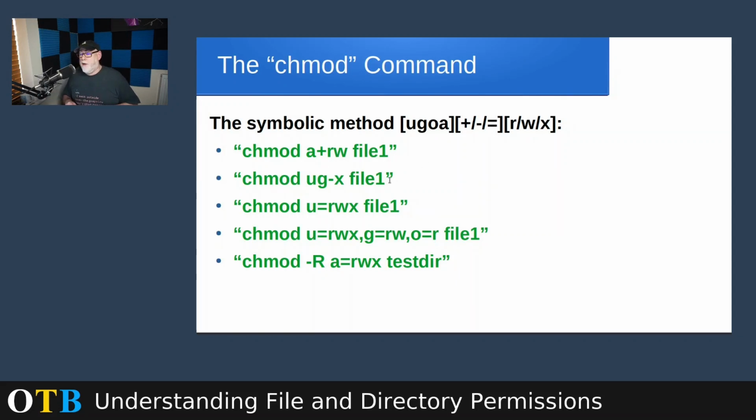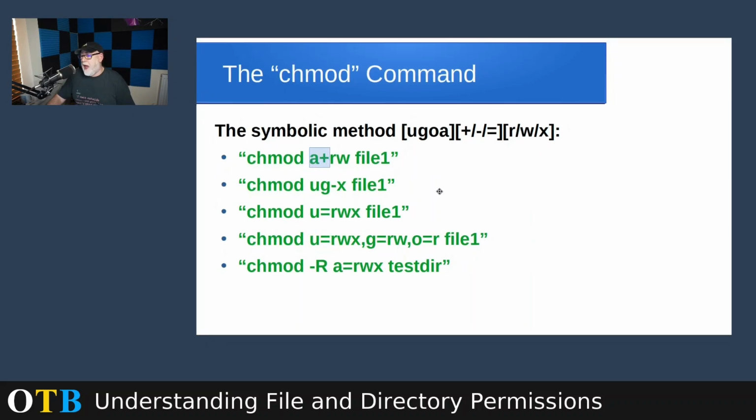What I'm saying there is allocate read-write permissions to everyone on file1. In fact, the default for chmod is if you don't specify the a, it will default to a anyway. So if you need to make a file executable, you'll have probably seen examples where people are saying just do a chmod +x on the file, and that actually applies execute permissions for everyone.